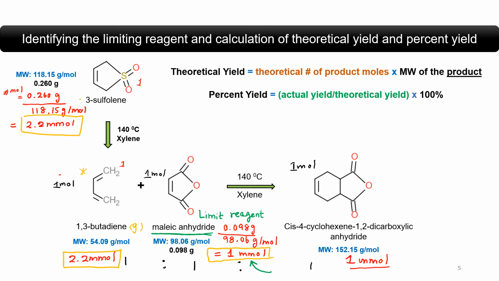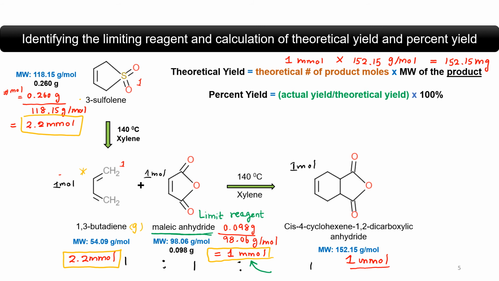So this was 1 millimole, and the molecular weight of the product is 152.15 grams per mole, and we're going to get 152.15 milligrams as our theoretical yield.